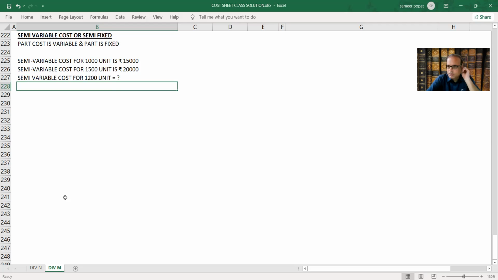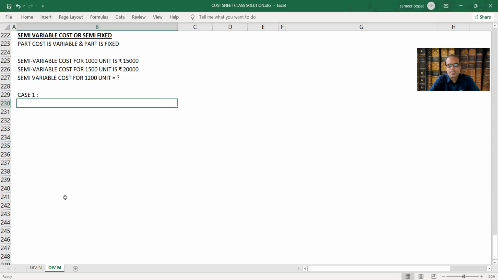Okay, now whenever semi-variable cost is given, there are two possible ways of drafting the sum. Some may give you the information in two different ways. So let us assume that there are two cases.